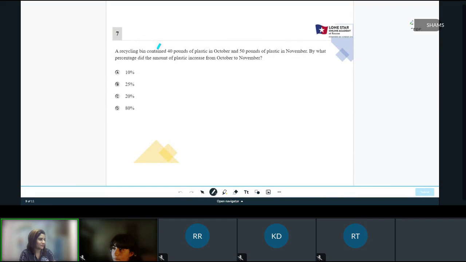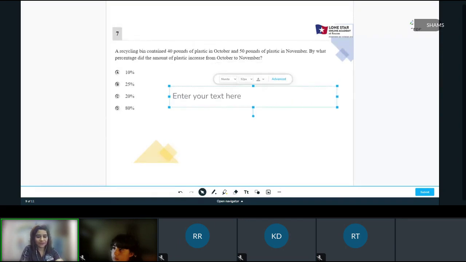A recycling bin contained 40 pounds of plastic in October and 50 pounds of plastic in November. Well, important things to note if you want to find percent increase or decrease, I'm going to remind you. You want to find how much was the change. How much change happened over original.